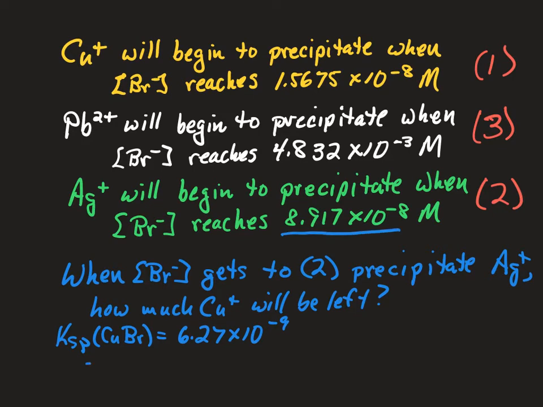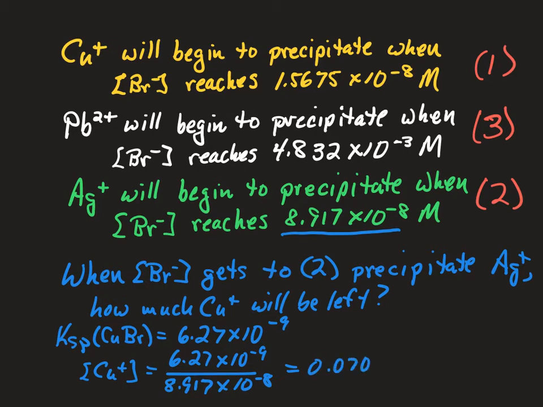So our concentration of copper ion will be 6.27 times 10 to the minus 9 divided by that concentration of bromide ion, 8.917 times 10 to the minus 8th, and we get 0.070315 molar.